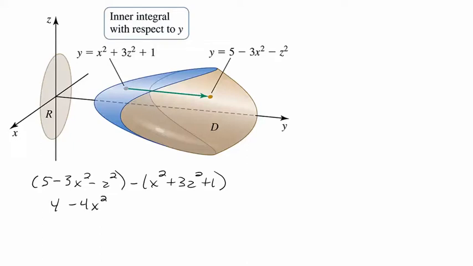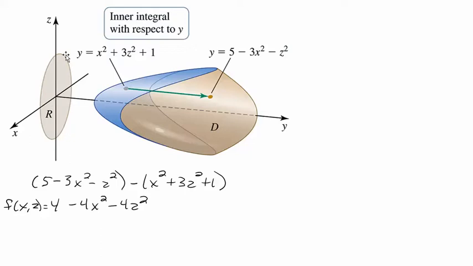And for our z's, we're going to get negative 4z squared. So we could think of this as some function of x and z. And now we want to add up all of these values over this region here.